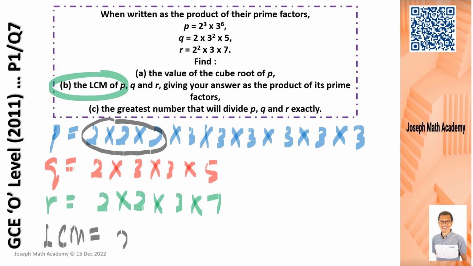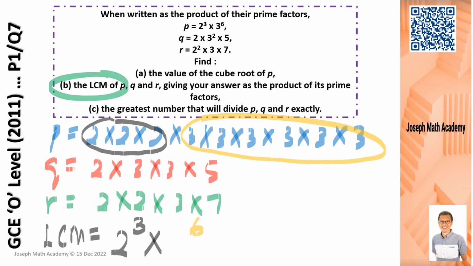So no choice, we have to follow P, so three 2's. Now let's take a look at the factor 3. This one has 6 of them. Q has 2, so no, P is already 3 to the power of 6. So we shall follow 3 to the power of 6.